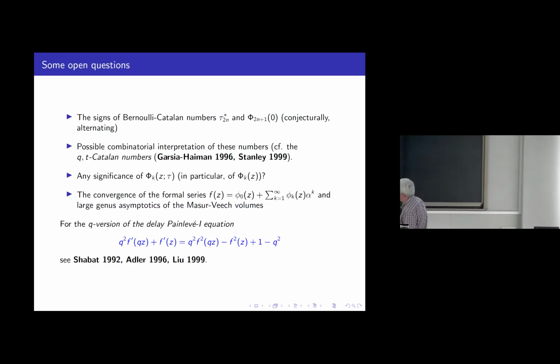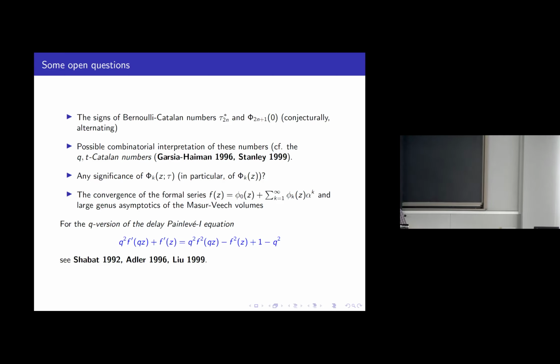And on convergence, there are some outstanding conjectures about large genus asymptotics for Masur-Veech, particularly mentioned in the Don Zagier and Youjin Zhang paper. And this is completely open. Probably this form of series is divergent, so you have to do some analysis in order, if possible, to apply this.